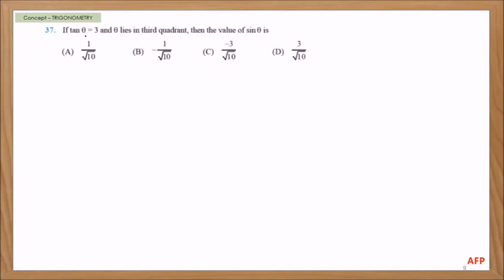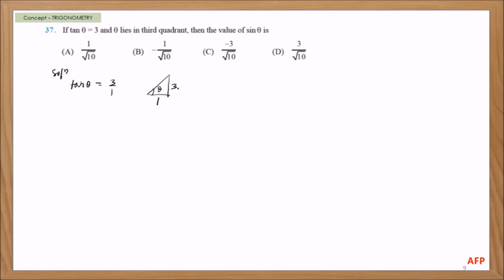Next one. So tan theta is 3, theta lies in the third quadrant, and sin theta you are supposed to find. Very simple and simplified answer: tan theta is equal to 3 by 1. We will draw a triangle. This we will take as theta, opposite side by adjacent side.